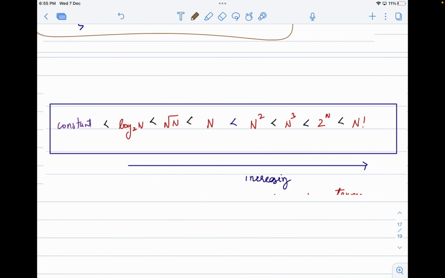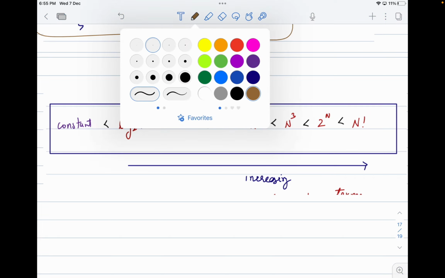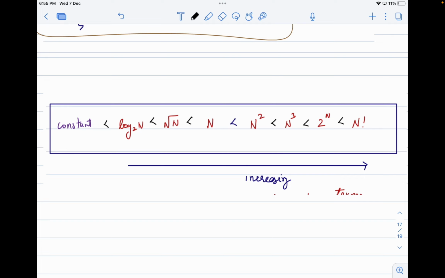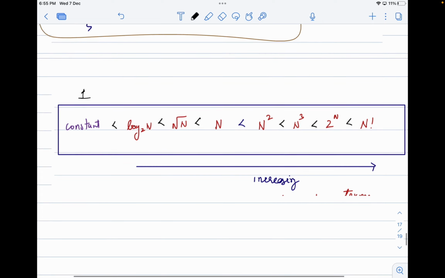Okay, so let's talk about this one. You are surprised right now. See how they made it this way. This is increasing. Constant means what? Order of 1 it takes. So log 2 n is greater than what? It is more than constant. Let's verify.